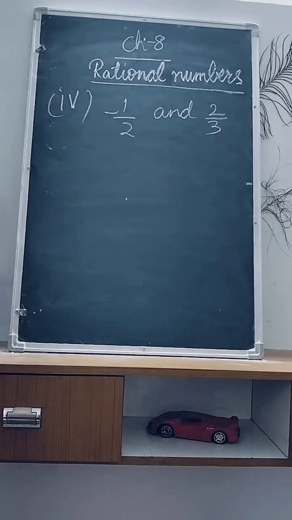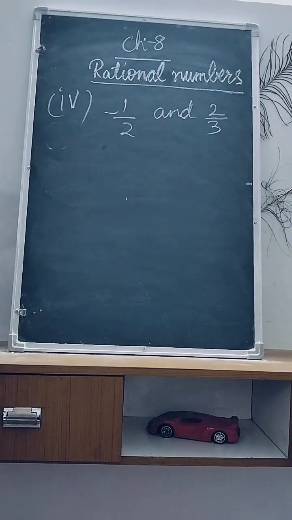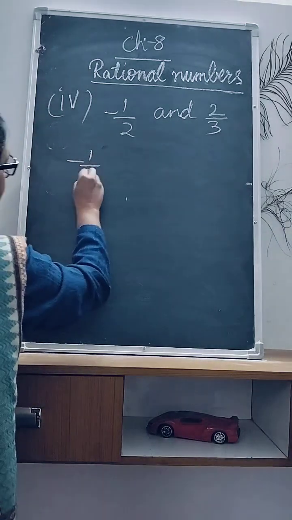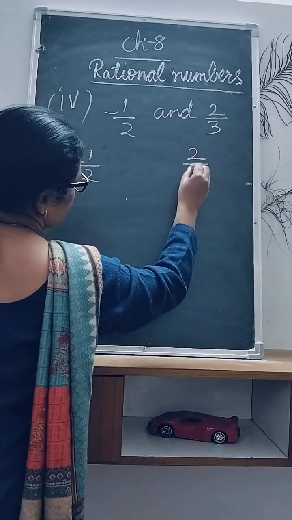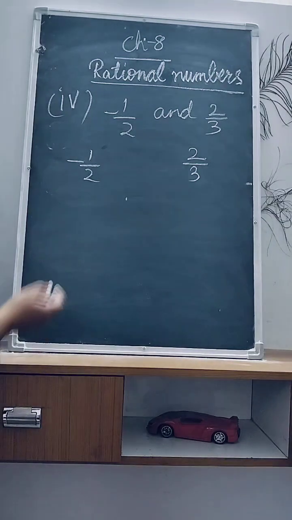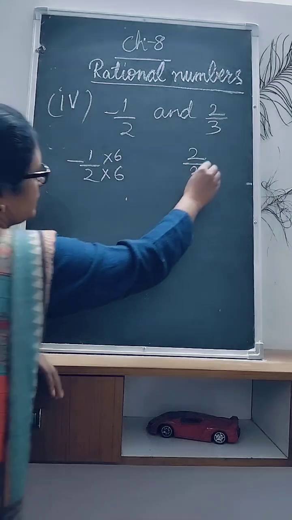Now if you see 2 and 3, these are the denominators. If you take the LCM of 2 and 3, what we will get? 6. So if you multiply this with 6 on both sides.